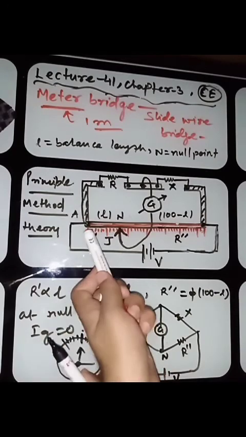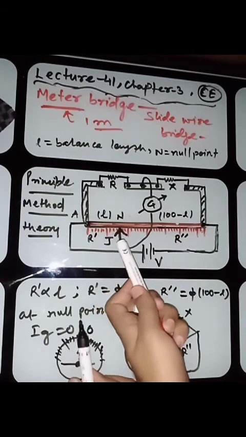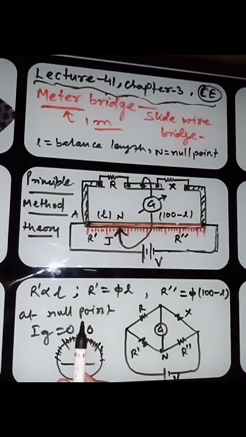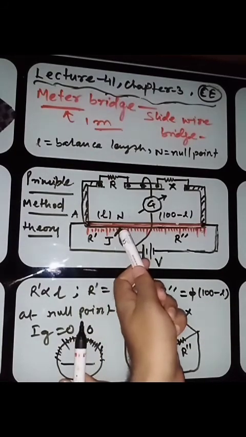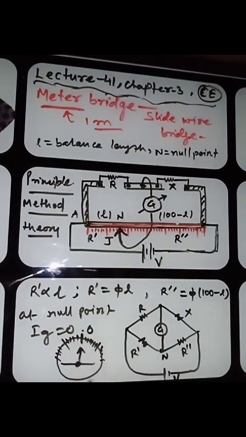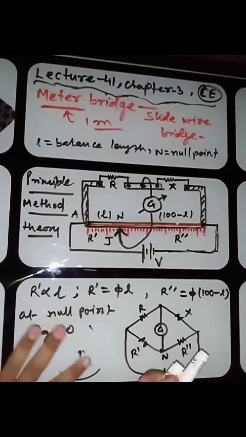It means there is a point at which the galvanometer will be at how much? At 0. And at that point you can say the current through this particular wire is how much? It is 0, and that point is called the null point. This was the simple structure of the galvanometer.